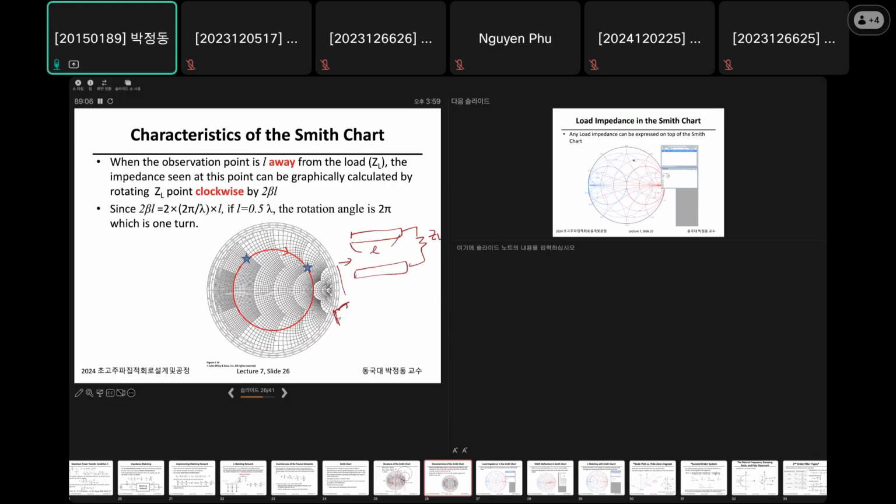Gamma doesn't change in magnitude with respect to length, but gamma is just gamma e to the minus j 2 beta L, and 2, because of this, right? You know, if you move by length of L, then you have a theta equal to minus 2 beta L.